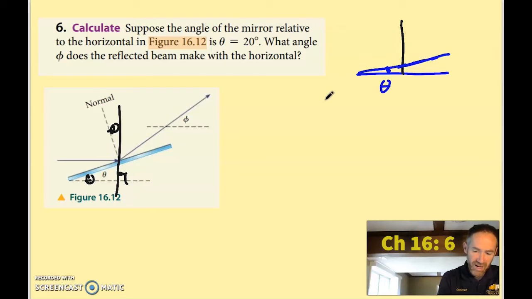Now, what happens to that normal line? Well, that normal line, that black line, now it gets turned by theta as well. Okay, and so however many degrees I picked up the mirror, that's how far the normal line went too. So I'm trying to show that if that's theta down in there, then this is theta up in here too. Let me put a little bit nicer theta on there.